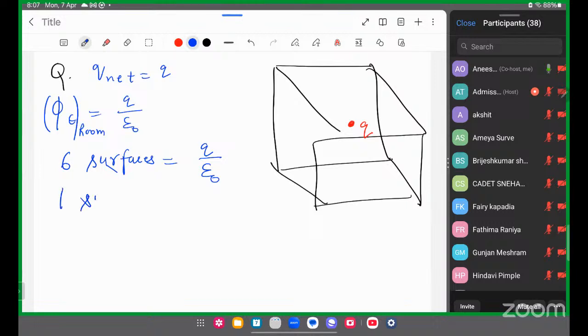So one surface will give how much? One surface will give Q by 6 epsilon naught. Understood? Are you getting it? Yes or no? Yes, sir.